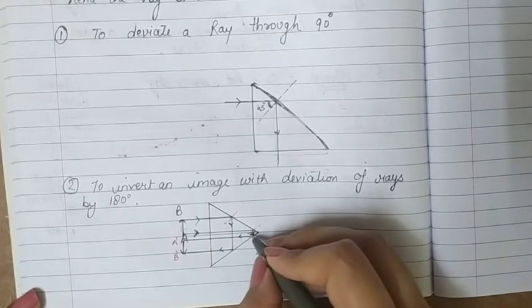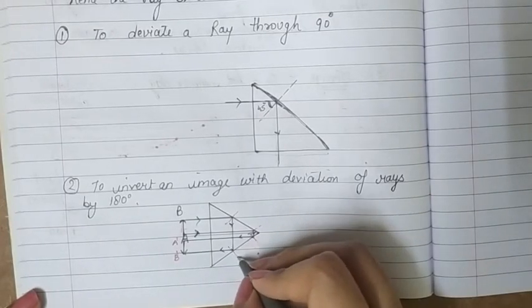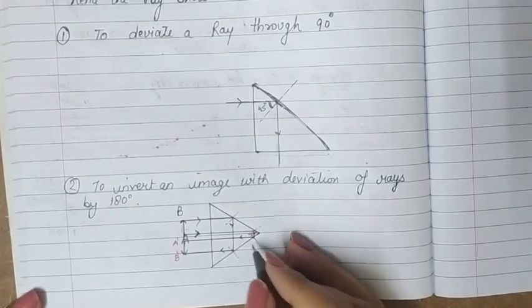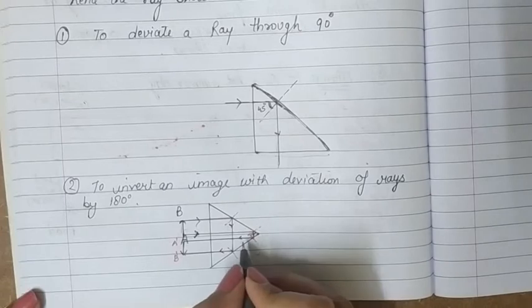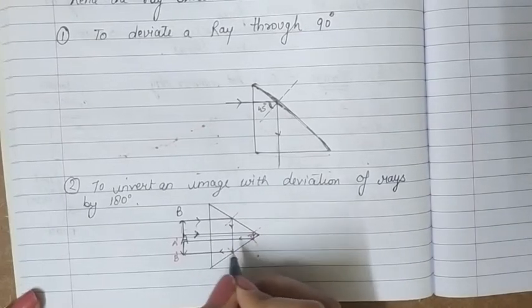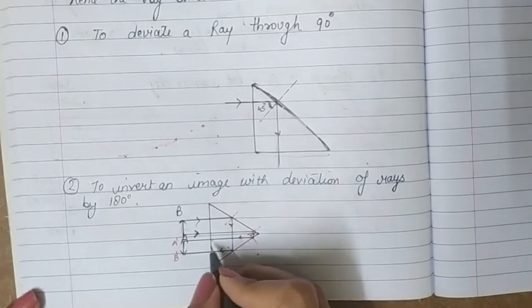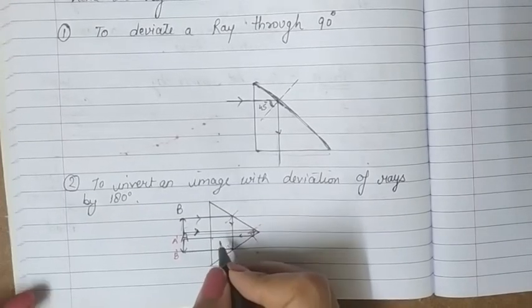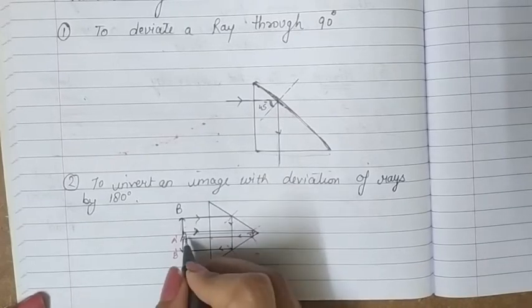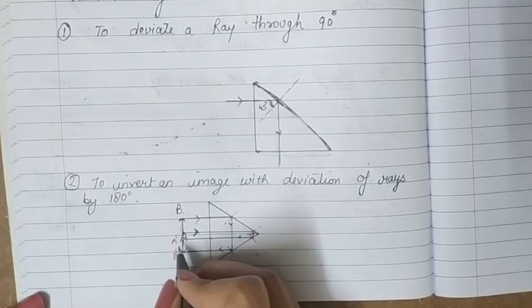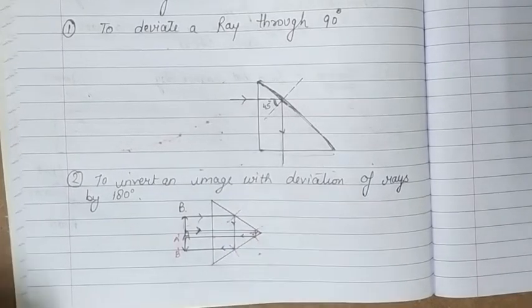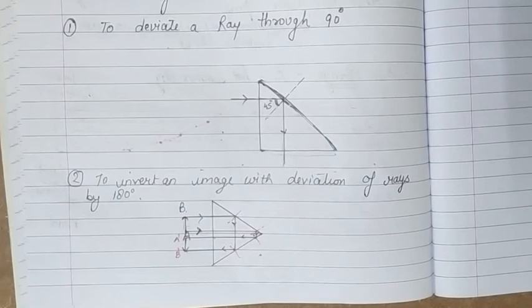They will form an angle of 45 degrees, which is more than the critical angle for glass, and instead of passing, they will again show total internal reflection and get reflected like this. But now at these points, the ray is normal to the plane, and that's why it goes undeviated. So we get an inverted image of AB as A dash B dash by 180 degrees. So we can invert an image by 180 degrees using this totally reflecting prism.